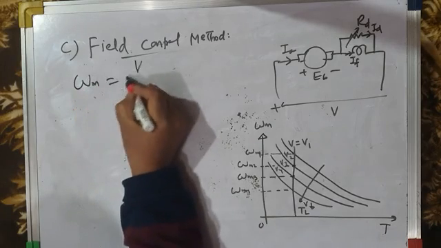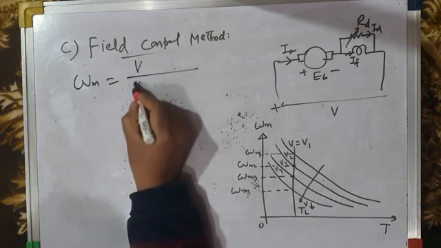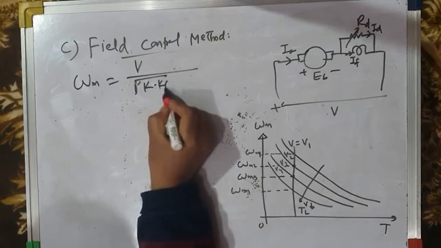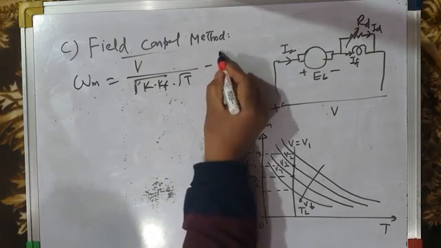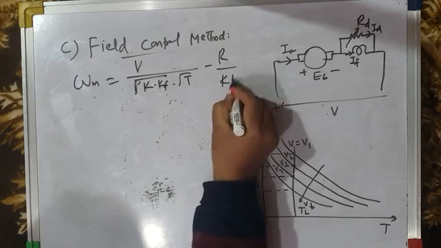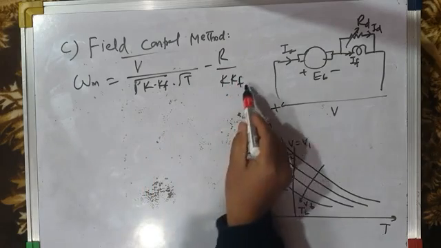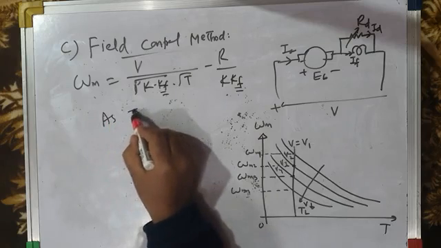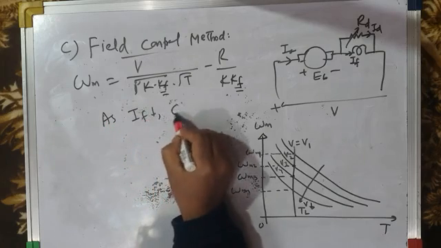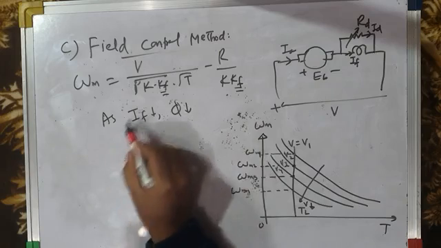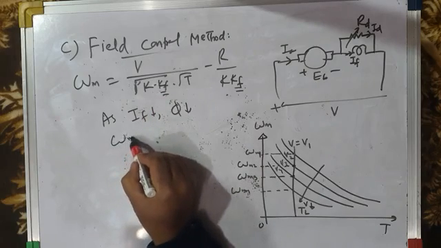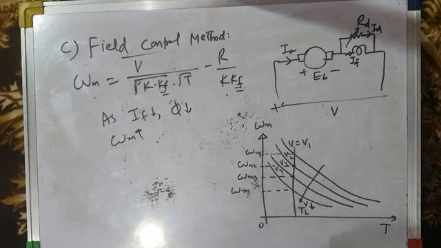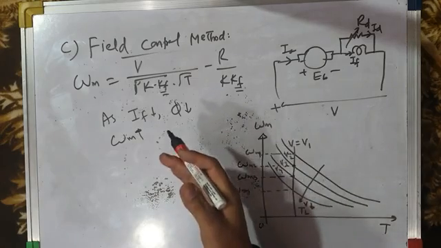Omega m is equal to V divided by root of K into Kf, minus R by K into Kf times root of T. Field flux is represented by this factor Kf. So as field current is reduced, flux reduces, and as flux reduces, Kf is reduced. What will happen to speed? Speed will increase. It will become greater than base speed.